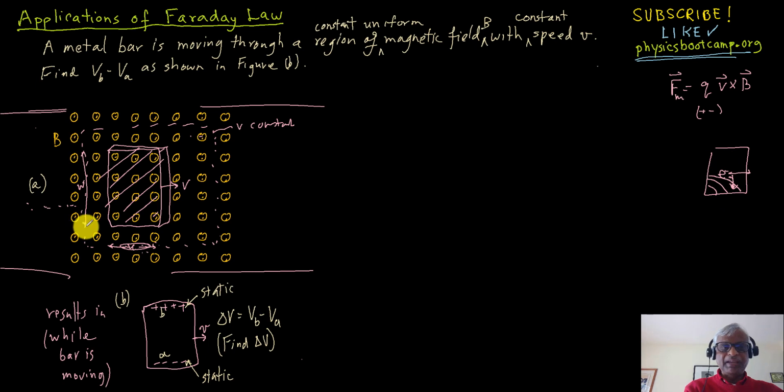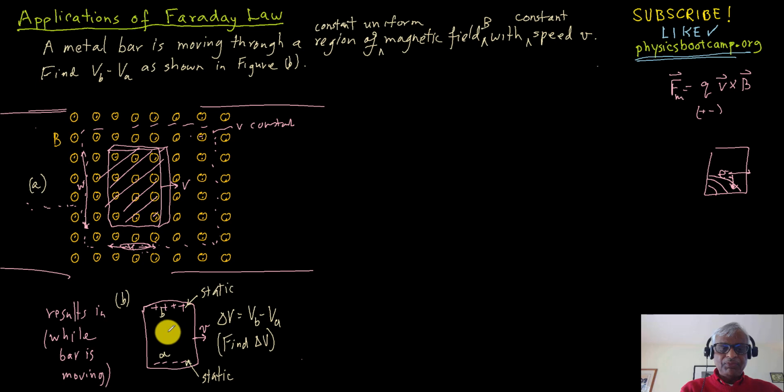By the time it enters this region, with constant V, it is like this. So this part is conduction electrons. There are excess electrons here, and over here there's a shortage of electrons.